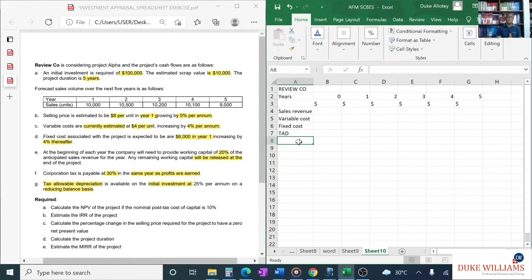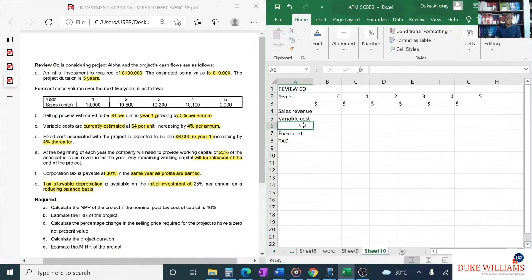Now, what you need to understand is in the ACCA schedule, you cannot insert a cell or introduce something. In case maybe I ought to have put fixed cost there and I missed it, you simply have to Control X, cut it, and then paste it on the next line, and then you can find a space to insert anything that you missed. So take note of that.